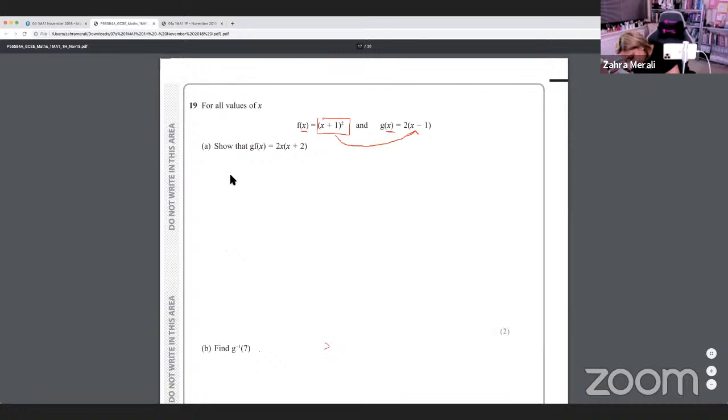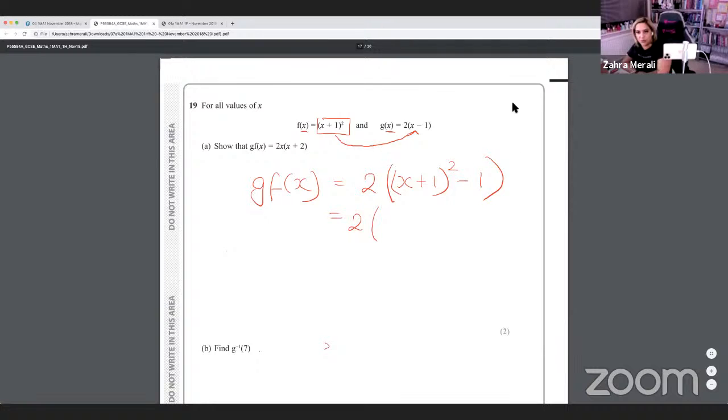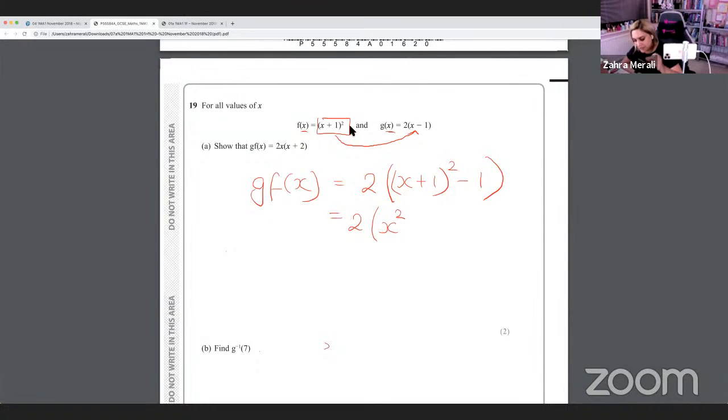So we've got gf(x) equals 2 lots of (x plus 1) squared minus 1. Right, so we're going to open that out. So remember, when we've got something all squared, we square the first number. We times the two numbers together. So x times 1 and double it.